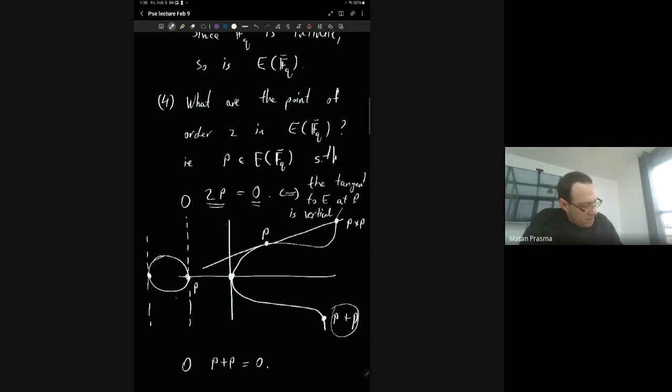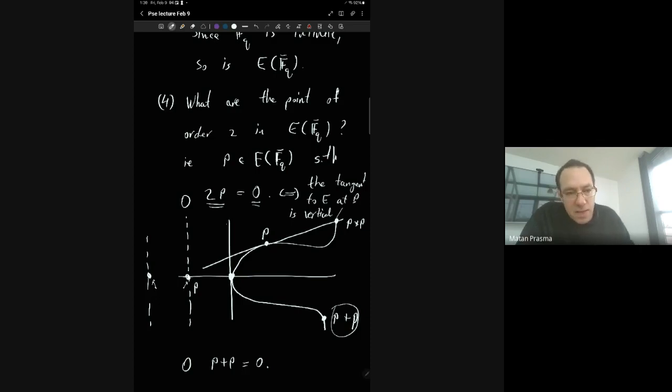Here, in this drawing that is over R, it could be that this circle does not exist, and then I don't have these points on the curve. But if I go to the algebraic closure of R, namely the complex numbers, I will always have 2 other points.